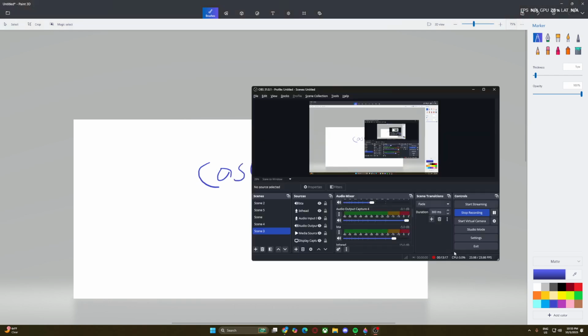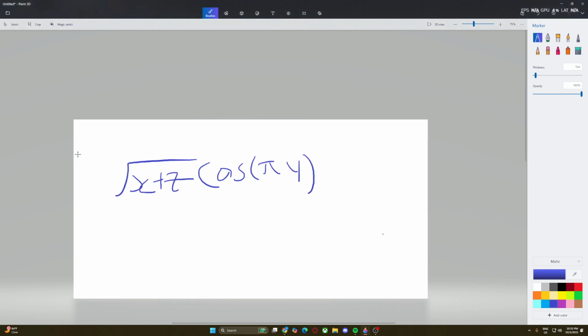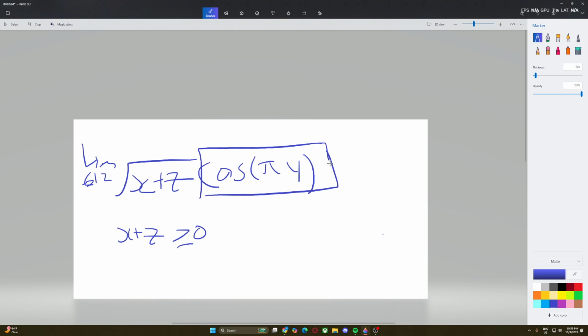Let me see it quick. Although the limit for this question does not go to 0, it's 612 for x, y, and z. Because this has a domain where x plus z is greater than or equal to 0, and these numbers, 6 plus 2 is obviously greater than 0, that means it's continuous, and cosine pi y is just continuous in general, especially at 1.